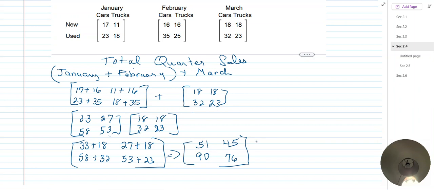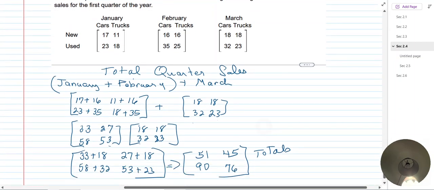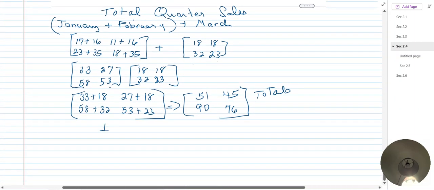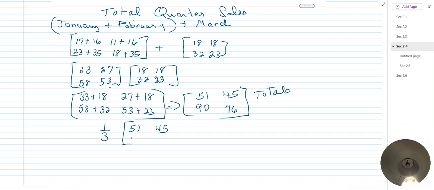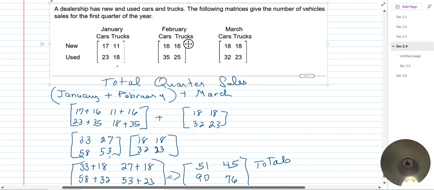Right. Now, this is the totals, but we want the average. So we're going to take 1/3 of this. That should be 66. 40, 53, 18, and oh, there it is.